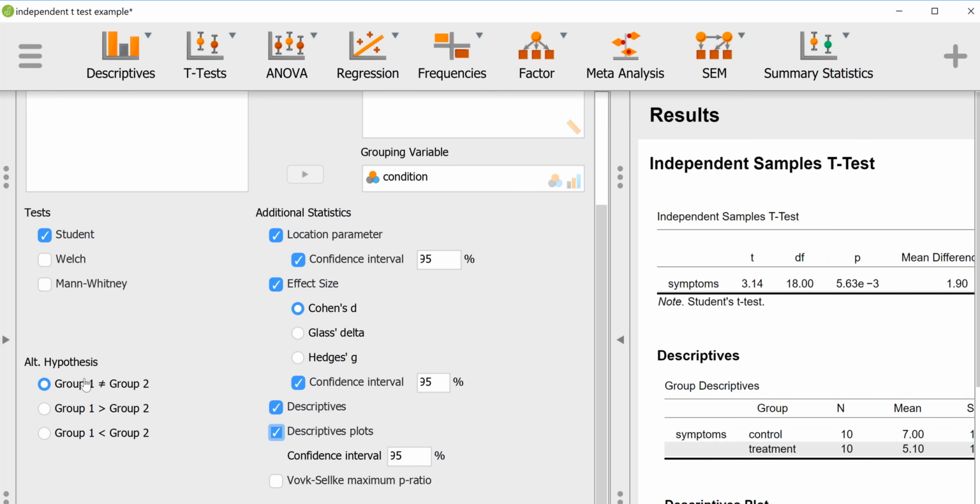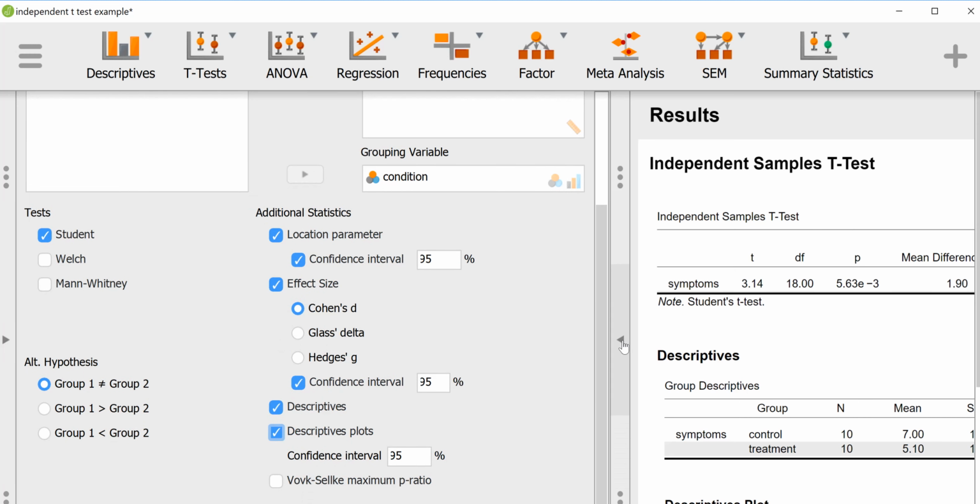We could specify as either a non-directional two-tailed test, we'll leave it as that, or we could specify that it is a left-tailed or right-tailed test depending upon the alternative hypothesis and which mean we expected to be higher than which. But for this one, we'll just leave it alone as a two-tailed test, and just to be boring, we'll have alpha 0.05 two-tailed.